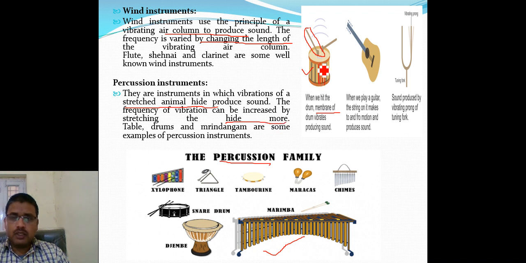If these hides are stretched more, the frequency produced is very high. Tabla, drums, brindagam are some examples of percussion instruments. You can go through all these.